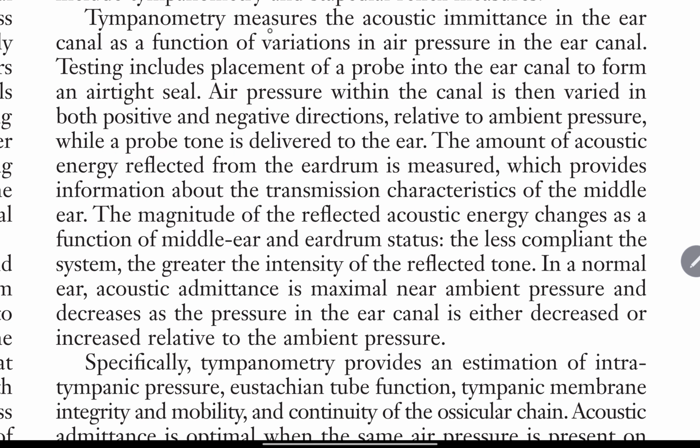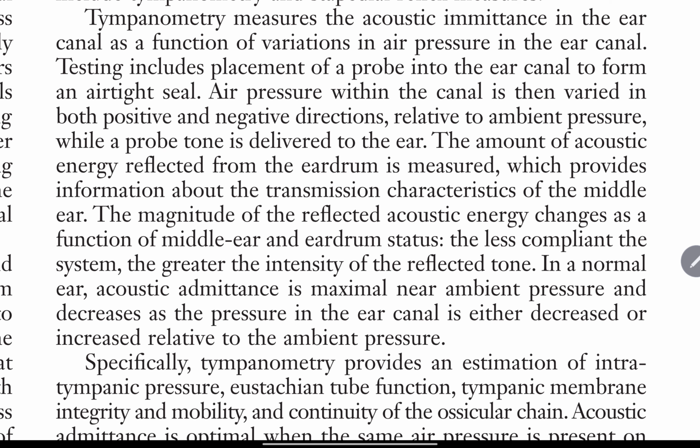Tympanometry measures the acoustic emittance in the ear canal as a function of variations in air pressure in the ear canal. Testing includes placement of a probe onto the ear canal to form an airtight seal. The air pressure within the canal is then varied in both positive and negative directions relative to ambient pressure, while a probe tone is delivered to the ear.